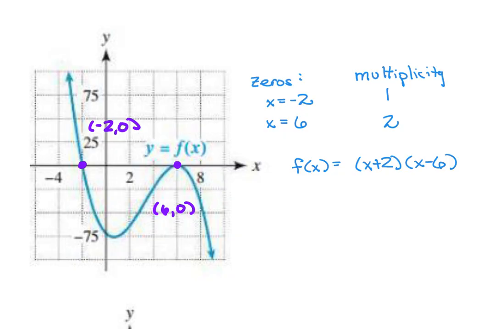Remember, multiplicity is how many times these factors occur. Because x equals -2 has a multiplicity of 1, we just have one factor. For x equals 6, we have a multiplicity of 2, which means I want this factor to appear twice, and we're going to represent this using an exponent.